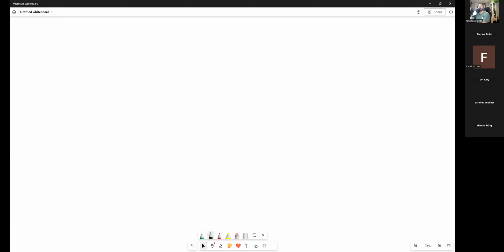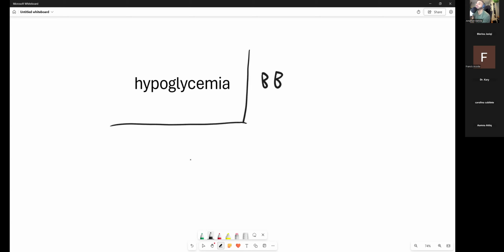Hypoglycemia, I like this answer a lot because hypoglycemia is linked to a very high yield fact. If any patient is on a beta blocker and is also taking a sulfonylurea, let's say, metformin doesn't really make your insulin de novo.